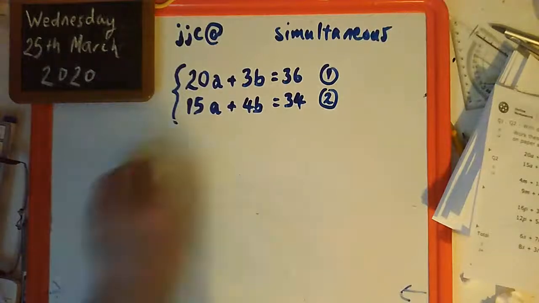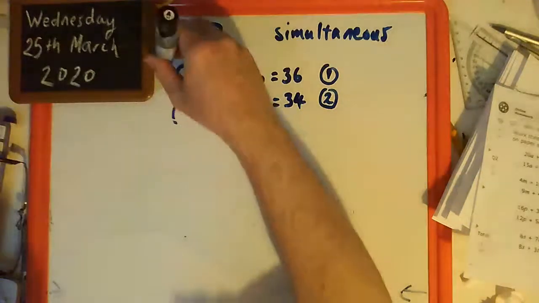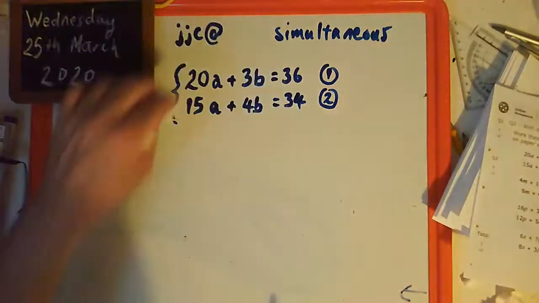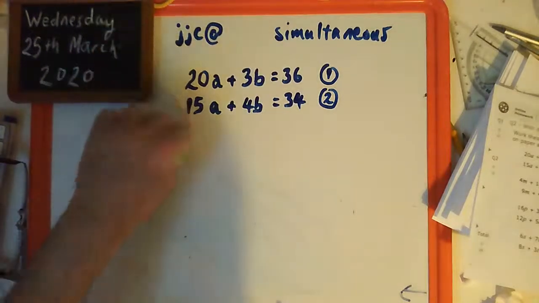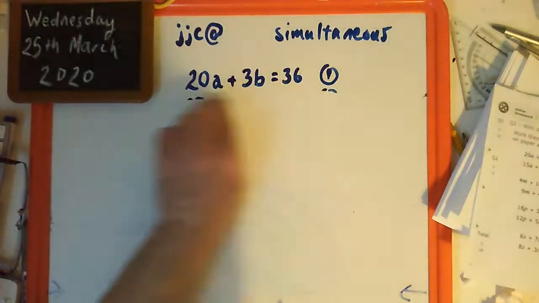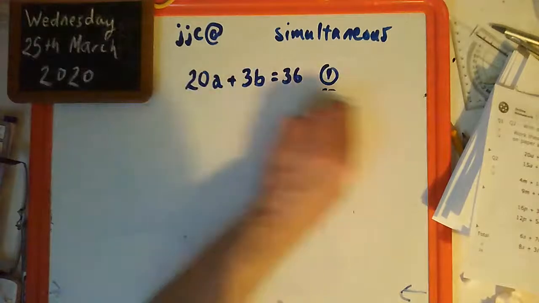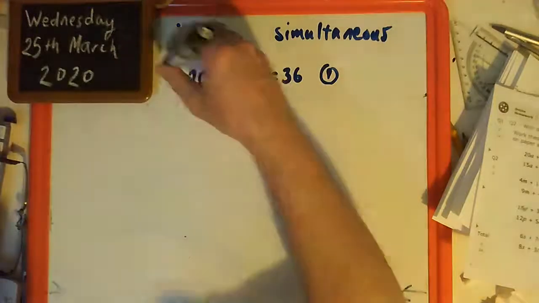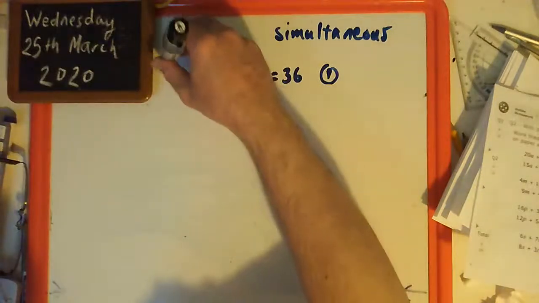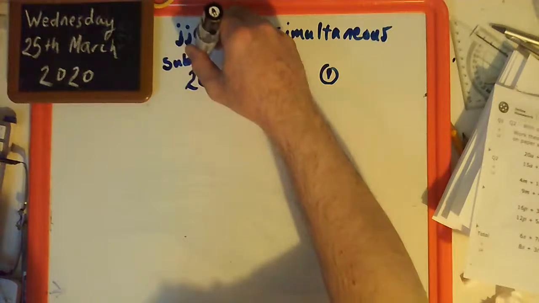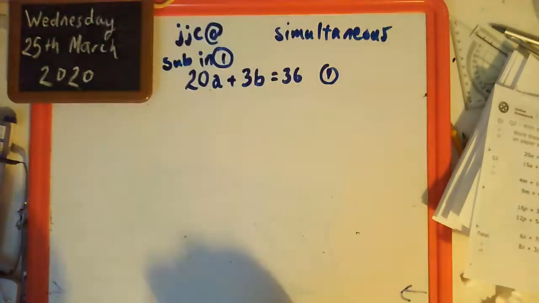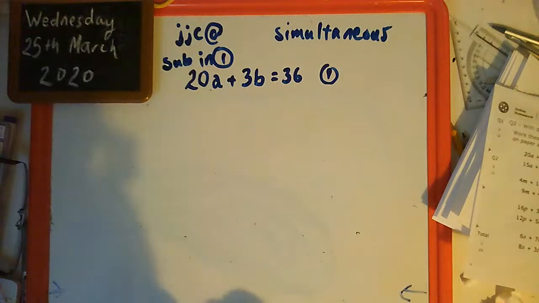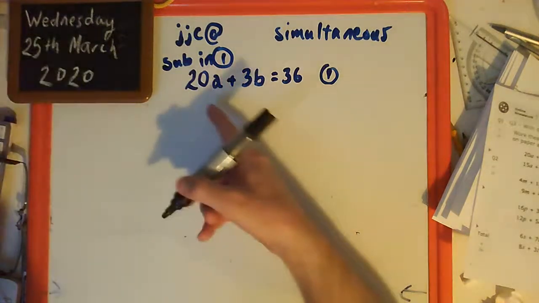Then the next thing I would do is say I'm going to take that very first equation that I had, 20a plus 3b equals 36, and I'm going to sub in, which means I'm going to take the value that I've just figured out, b equals 4, and put it in that equation.